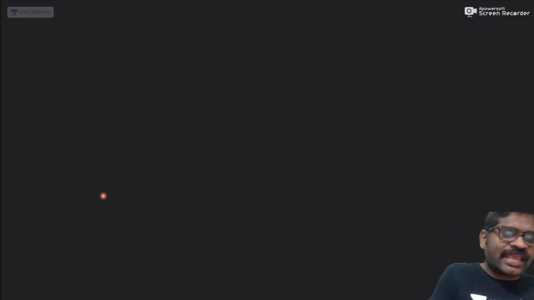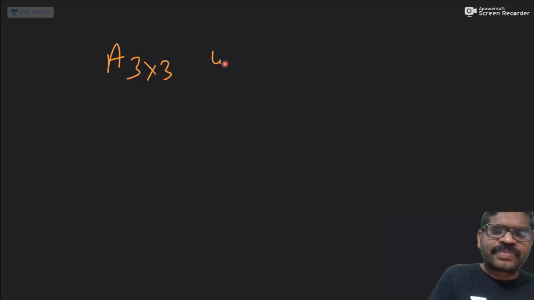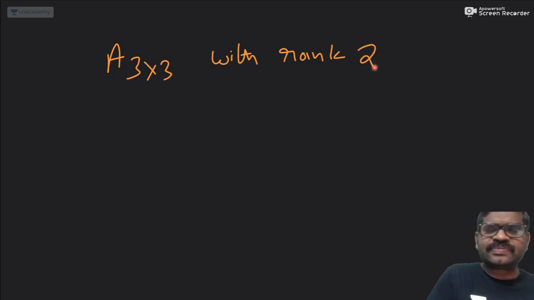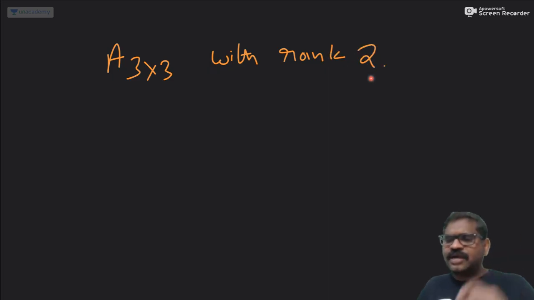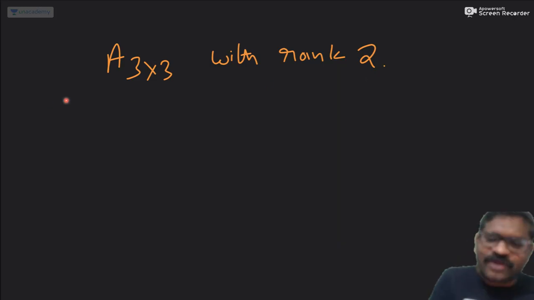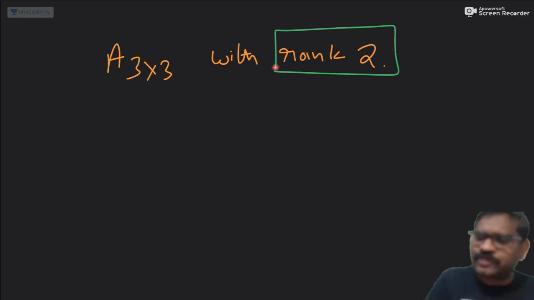Matrix A is 3 cross 3 with rank 2. So rank of the matrix is 2.